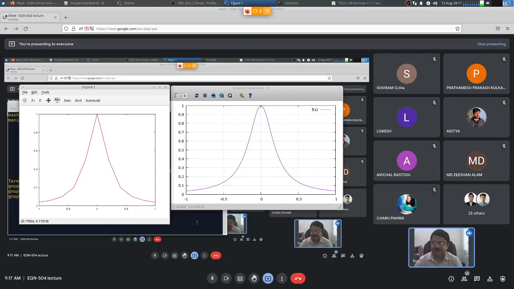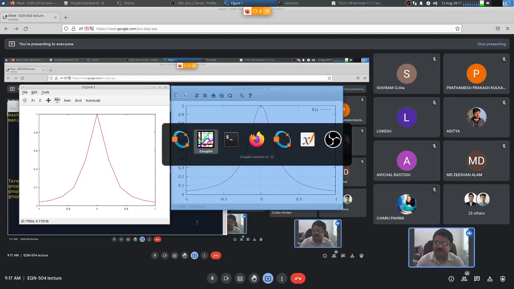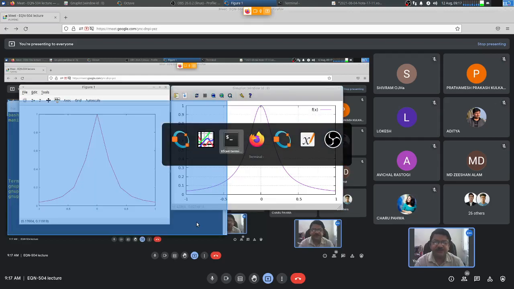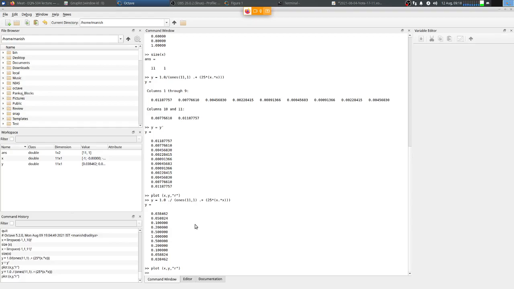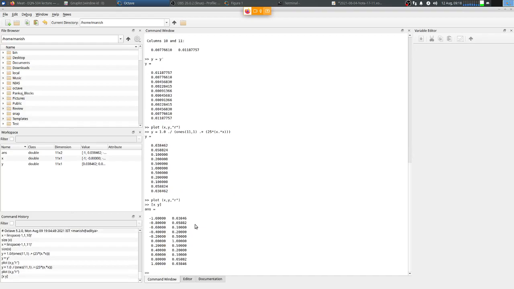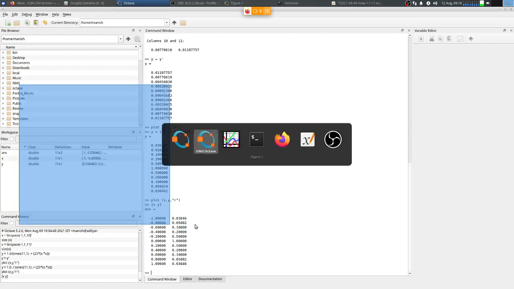So let us tabulate the values. Let me just get the values x and y. So these are the values x and y. Let me just tabulate these values for you so that we can work with these.